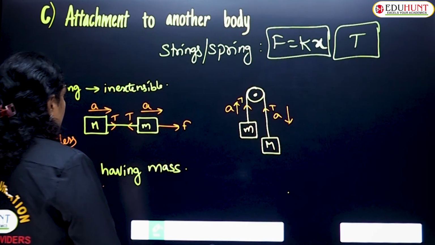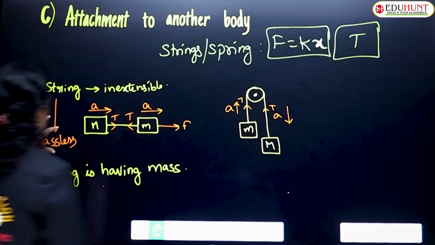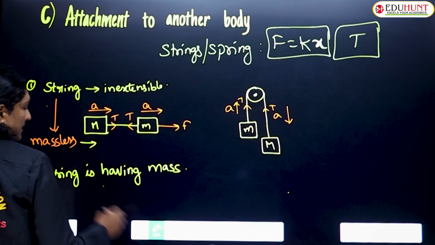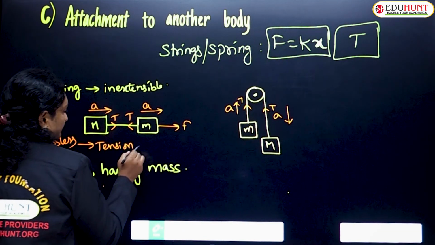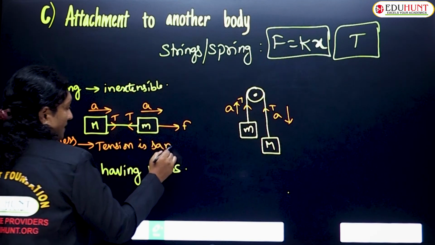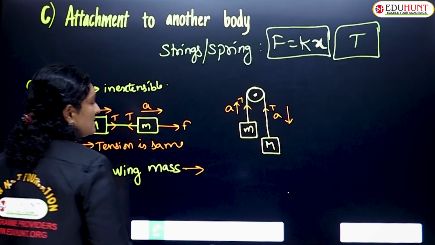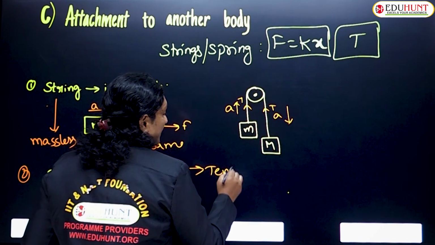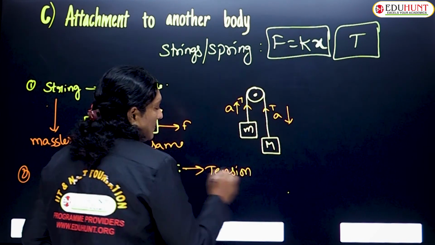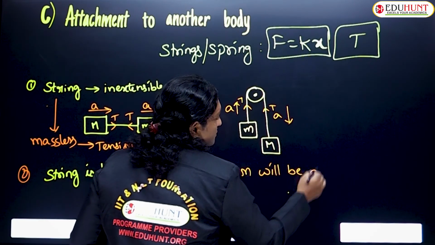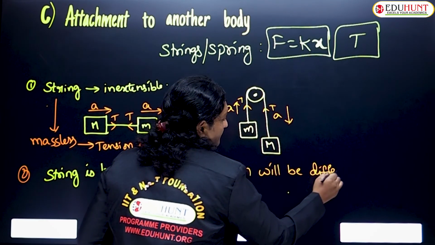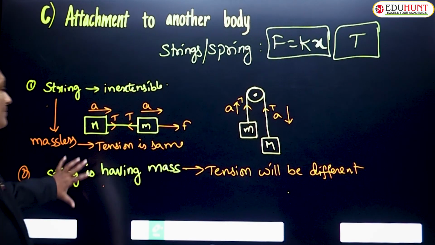Tension is different at different points. So massless means tension will be the same. If the string is having mass, then tension will be different at different places. This you need to understand properly, children. I hope this is clear.